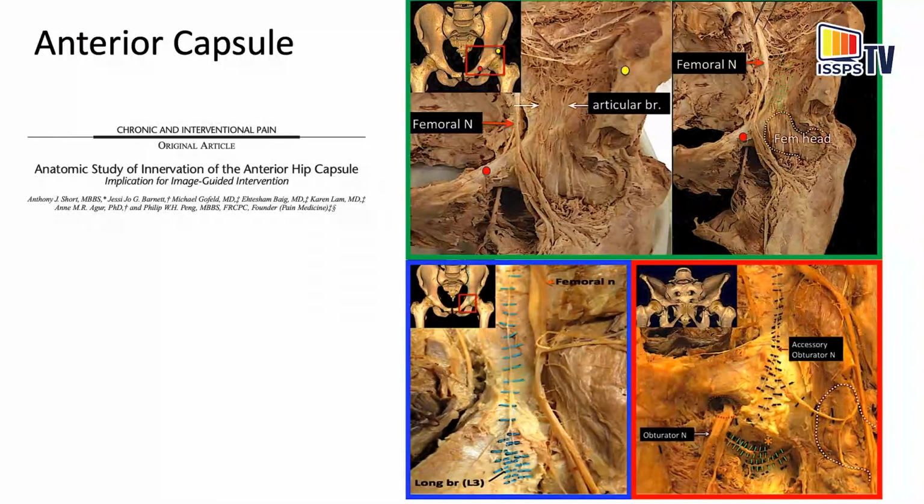Well, in 2018, we did a very meticulous dissection. We found it quite interesting that the anterior capsule is supplied by 3 groups of nerves: the femoral nerve, the obturator nerve, and the accessory obturator nerve. They are very constant in the supply and also in the location.